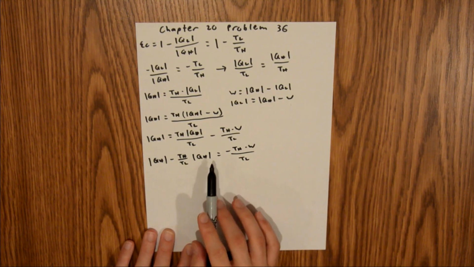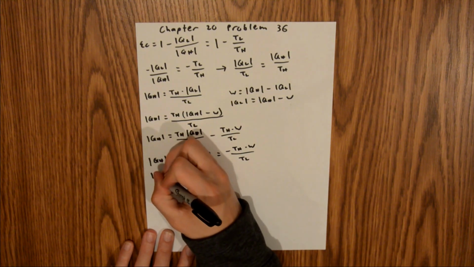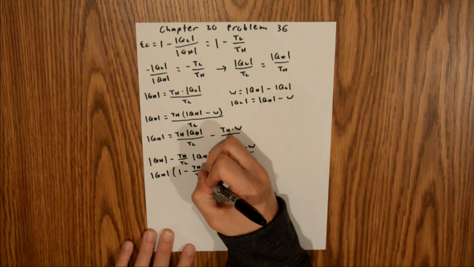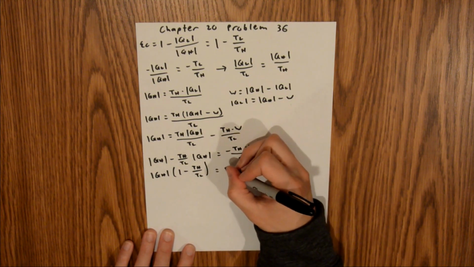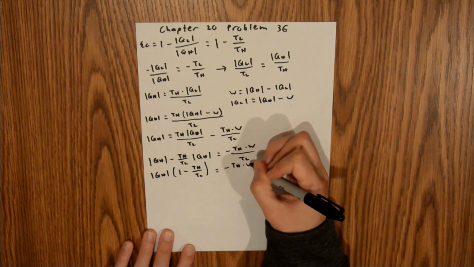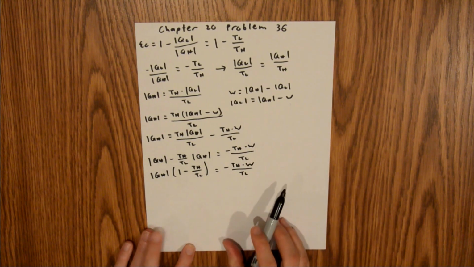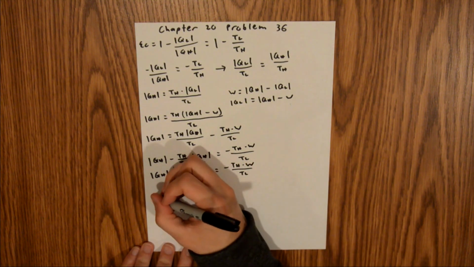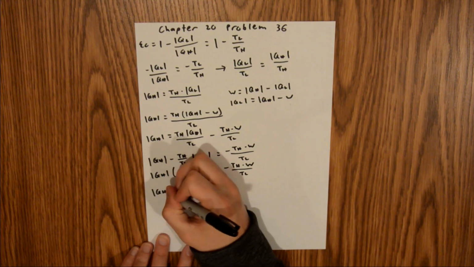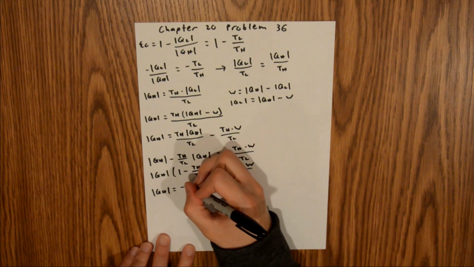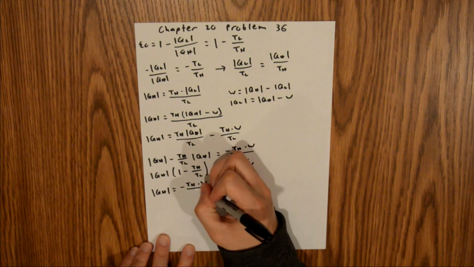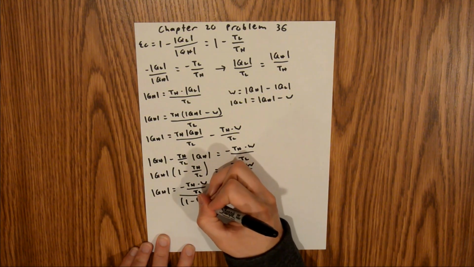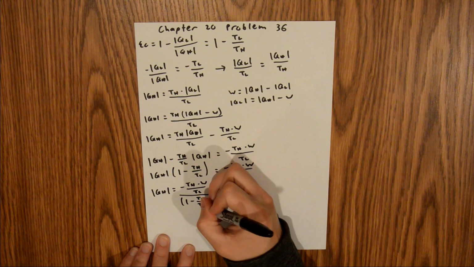And then we can take out the QH, and that'll give QH times 1 minus TH over TL is equal to negative TH times W over TL. And then we can divide both sides by this term right here, and so then we can find that QH is equal to negative TH times W over TL, all of that over 1 minus TH over TL.